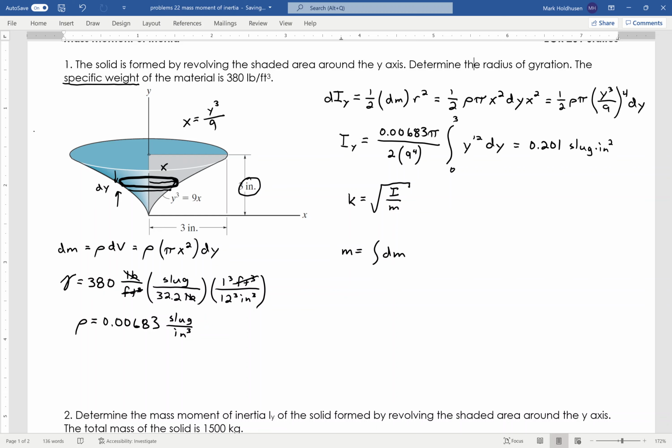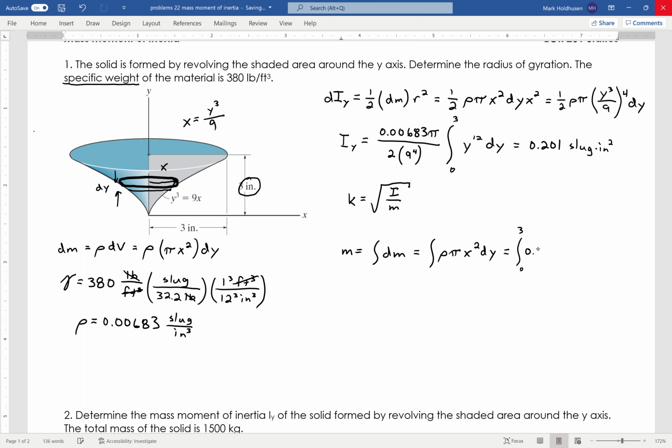And I have dm already, so I'm going to put in rho pi x squared dy, because that's what dm is. And then I'm going to plug in what I know x is equal to, get everything in terms of y, and integrate from 0 up to 3.